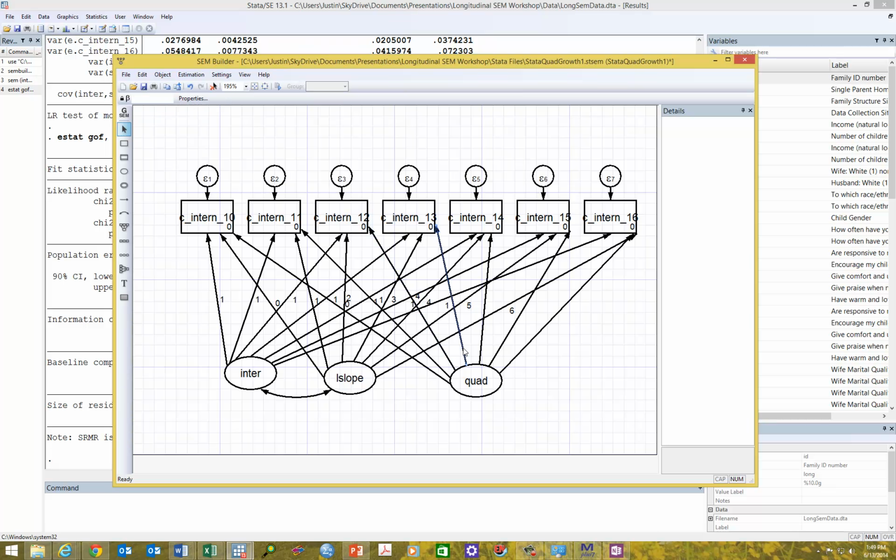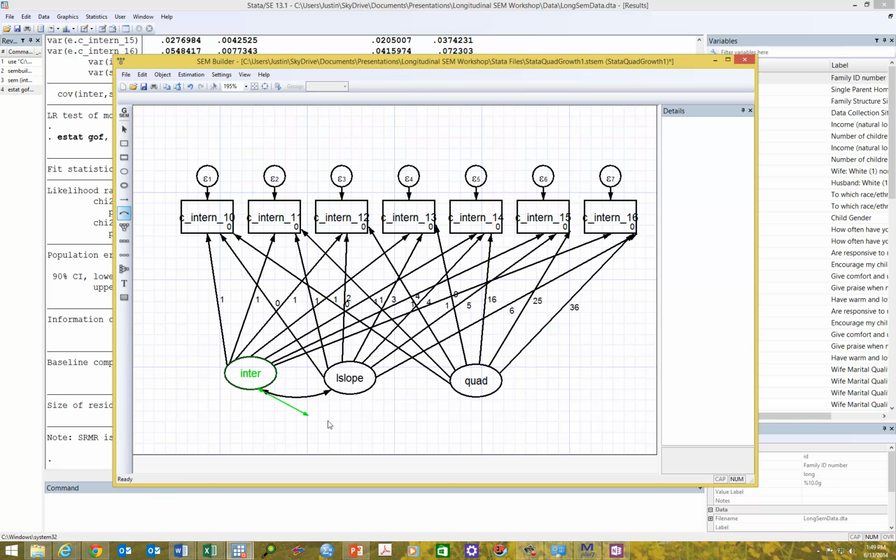The corresponding linear slope for this one is 3, and so we're going to constrain this at 9. The corresponding linear slope for this is 4, so 4 squared is 16. The corresponding linear slope for this is 5. 5 squared is 25. And the corresponding linear slope for this is 6. 6 squared is 36. And there we have it.